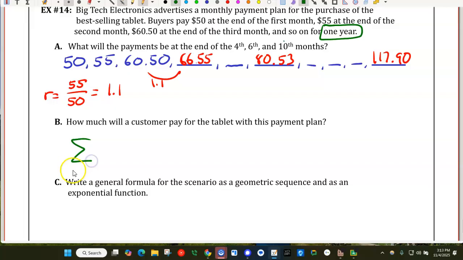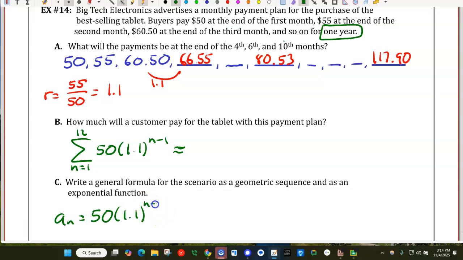The calculator is only as smart as us. So first month through the 12th month of our function. And then we're going to round that to the nearest cent, whatever it might be. And that actually answers C as well. We already have our function. Okay, so we can punch this in.